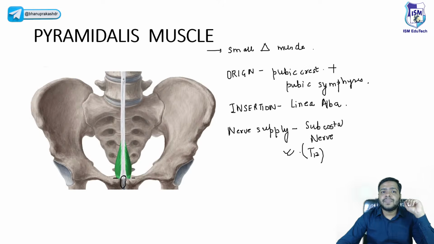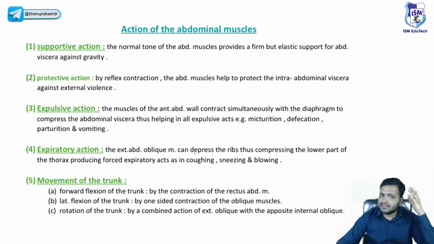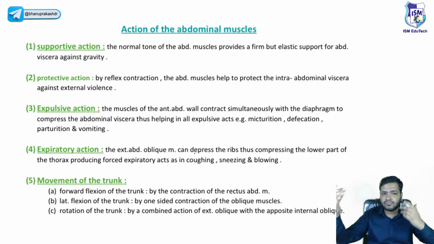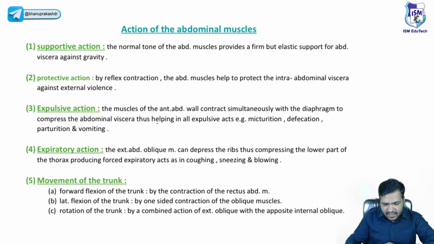Now coming on to the action of the abdominal muscles. Guys, it's again a very theoretical part. You just have to remember that we have supportive action. It provides an elastic support for the abdominal viscera against gravity.